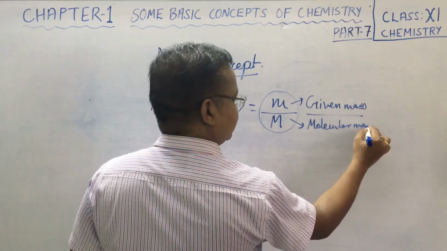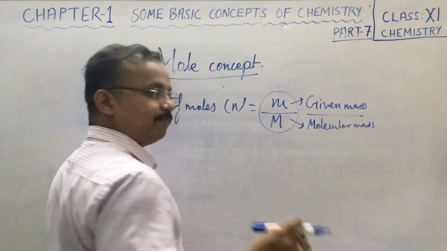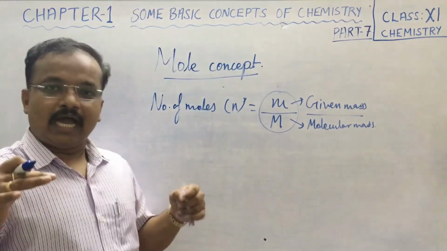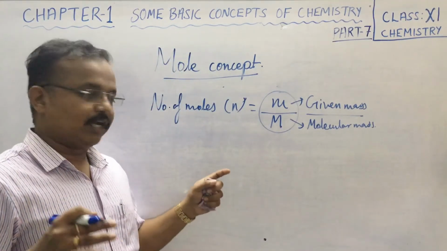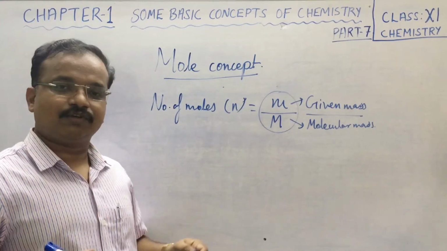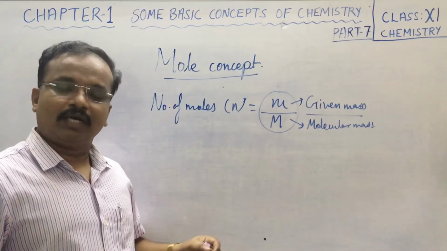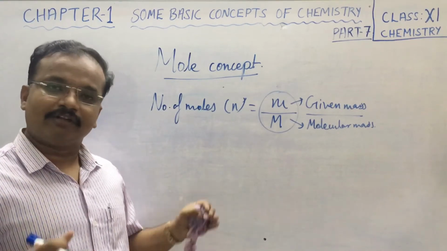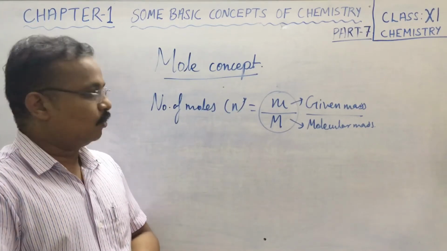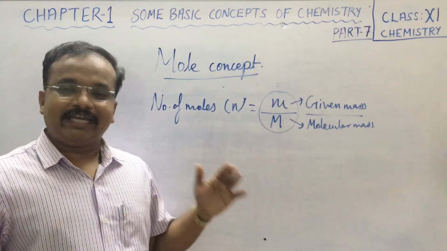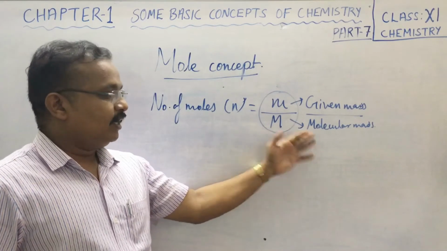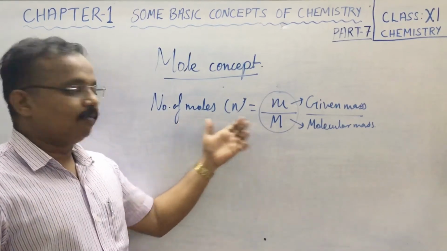Molecular mass is the mass of that particular species. It can be an atom, in which case it will be atomic mass, or a molecule, in which case it will be molecular mass. In case of an ionic compound, it will be formula mass. Like that it will go. So given mass of any substance, when you divide by molecular mass, we get the number of moles.